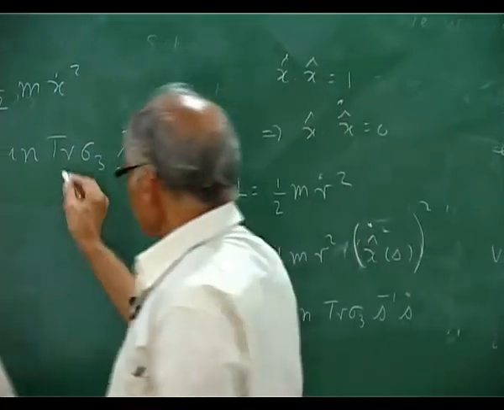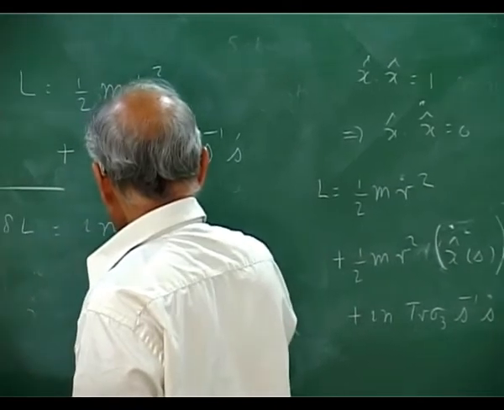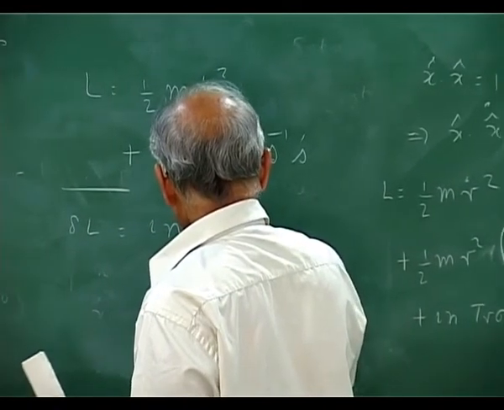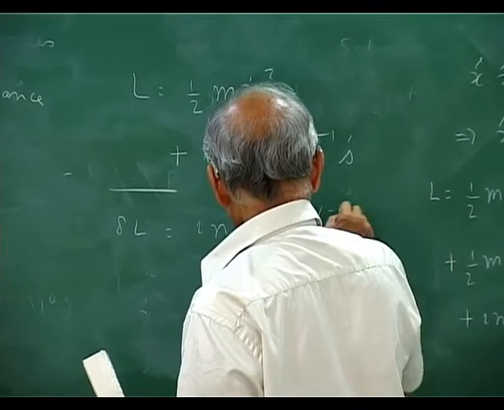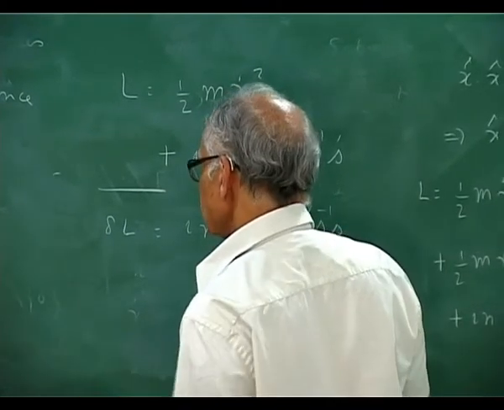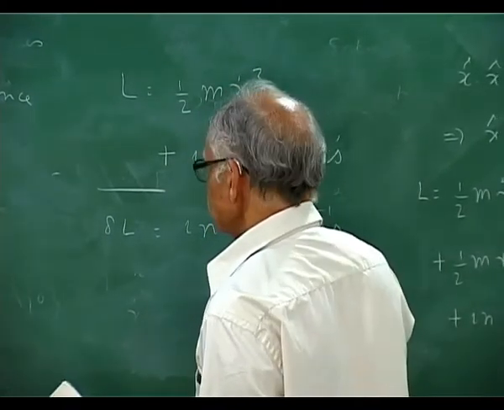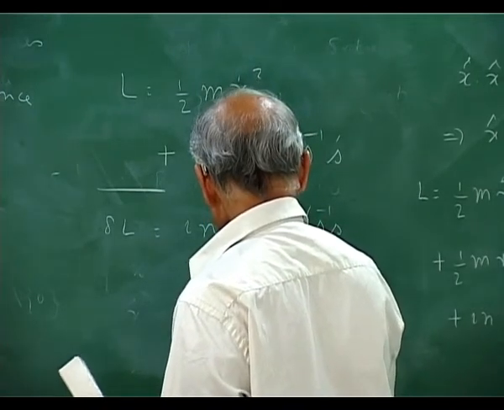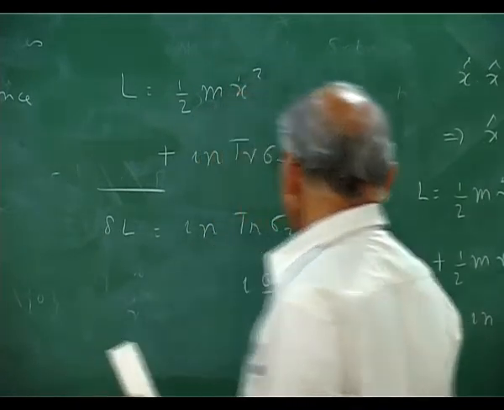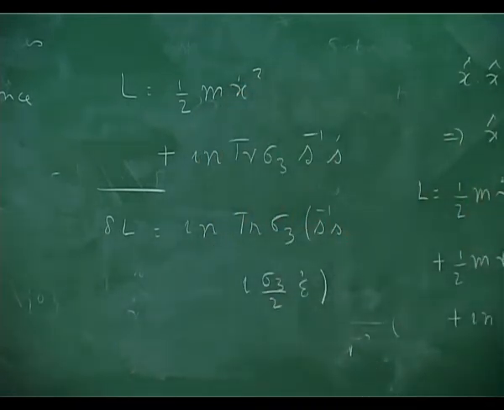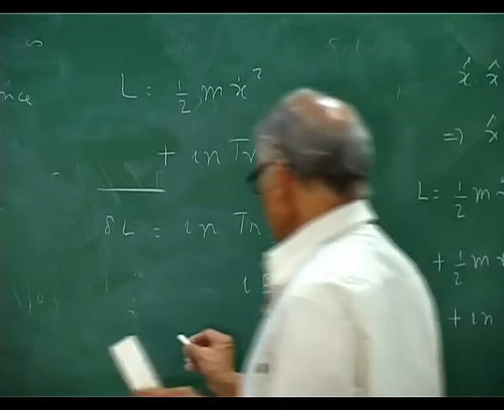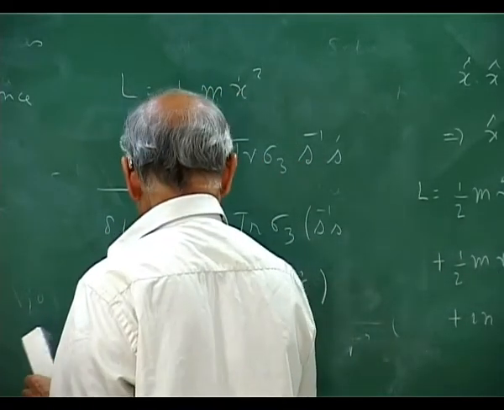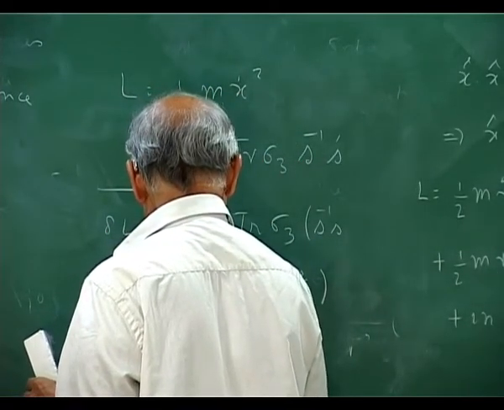So it will come from i n trace sigma 3, S inverse S times this variation, this is i sigma 3 over 2 epsilon dot. So this is equal to minus n epsilon dot.